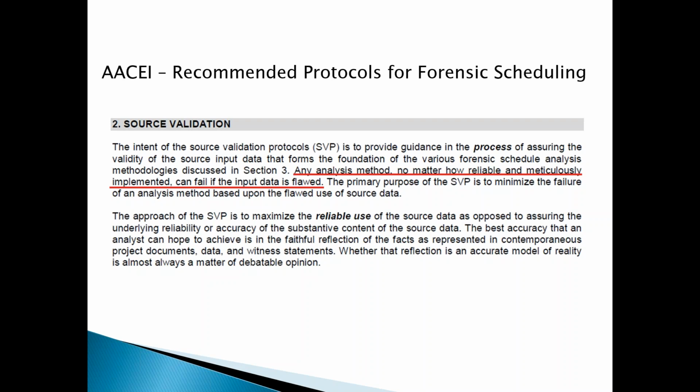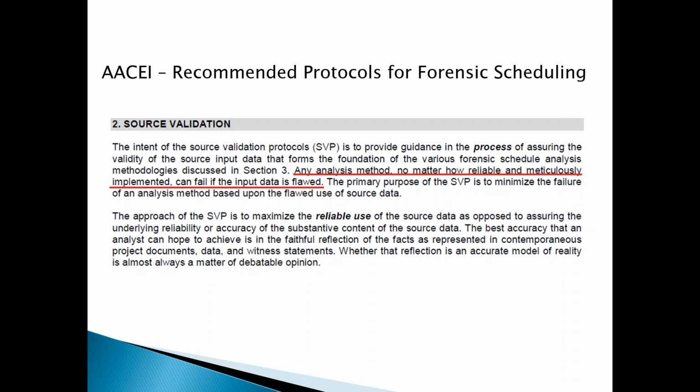This paragraph is from the AACEI. It's the protocol for looking at schedules from an analysis standpoint, and what it says is that any analysis method, no matter how reliable and meticulously implemented, can fail if the input data is flawed. In other words, you're reviewing a critical path schedule, or you're building one.